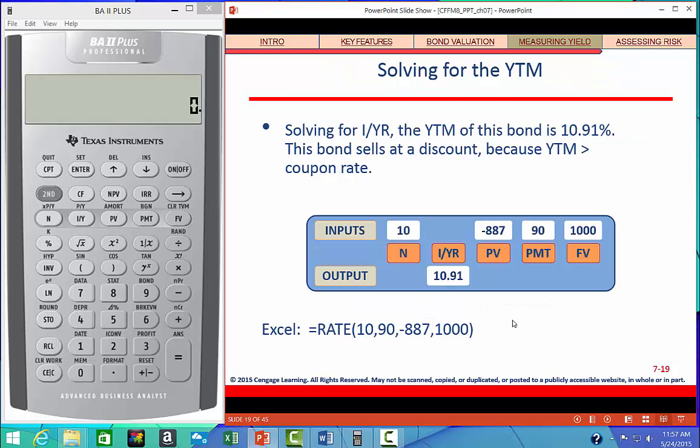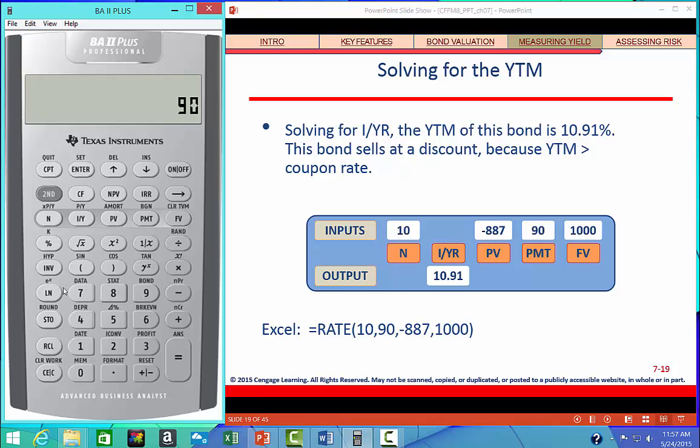So here's the calculator solution for this question. You can see that we have our 10-year bond, price of $887, the payment was $90, and $1,000 future value. And if you hit compute I, you get the 10.91. So over here, I hit 10 in for this example, and then 887 and negative, because I'm assuming that I'm investing in this bond, that's the present value.